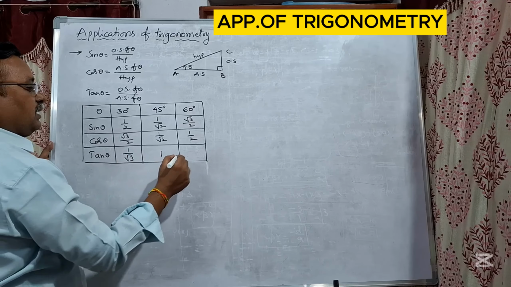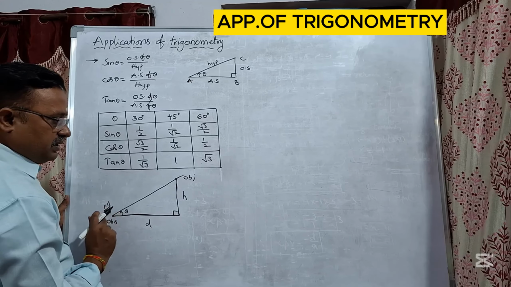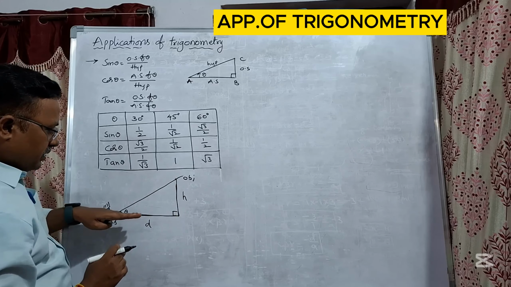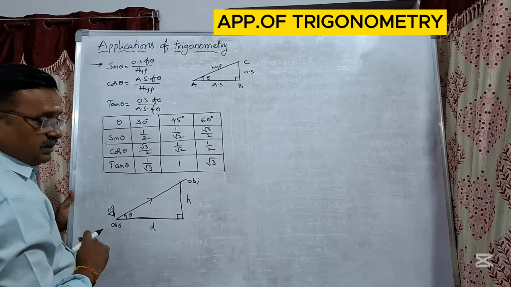So when theta is the angle formed in this general condition of observing an upper object, the distance and height discussion comes under a problem. The adjacent side, opposite side and hypotenuse come as the distance of the observer from the object, the height of the object, and the line of sight, which is the hypotenuse.